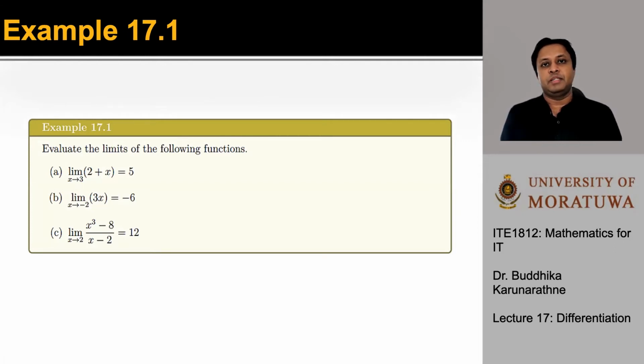So simply by substituting the value of the limit, you can get the limit for these functions. They are pretty straightforward. Similarly, in part C, you have limit of (x cubed minus 8) divided by (x minus 2) when x approaches 2. When you substitute the values, you will get 12 as the limit for the function given in part C.